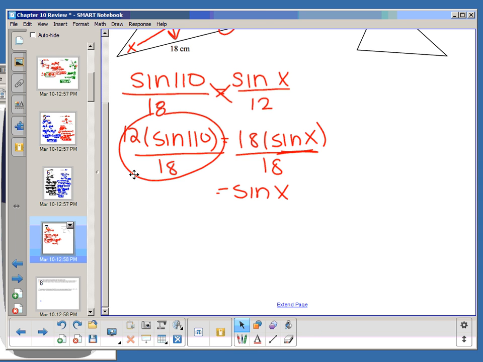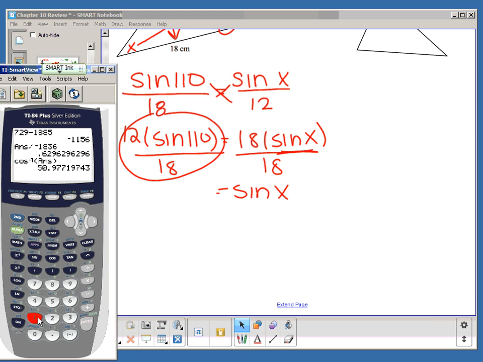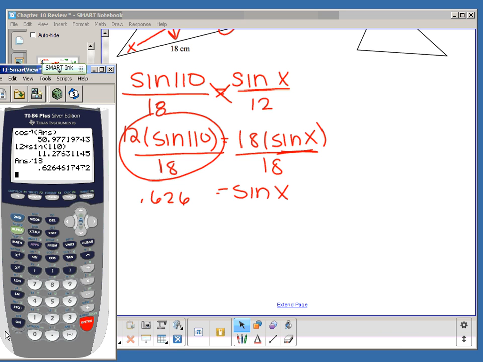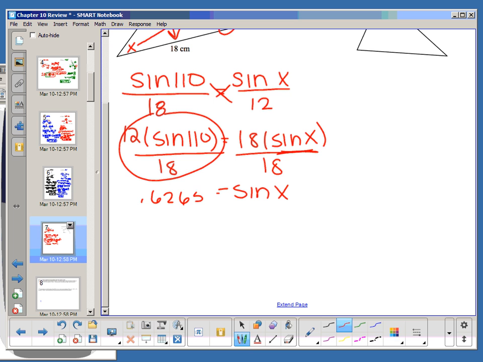So I'm going to type that in my calculator. 12 times the sine of 110, and then divided by 18. And when you get a decimal like this, you should be thinking, that doesn't really make sense for my angle, so that must mean I need to do one more step, and that is to inverse it.